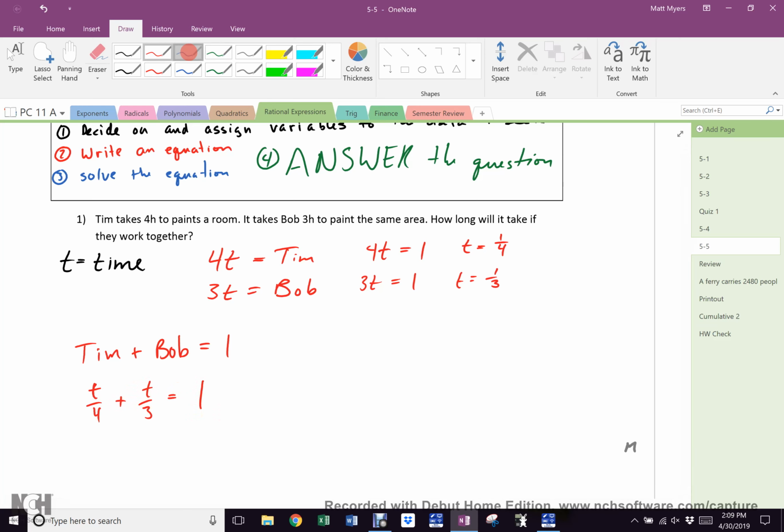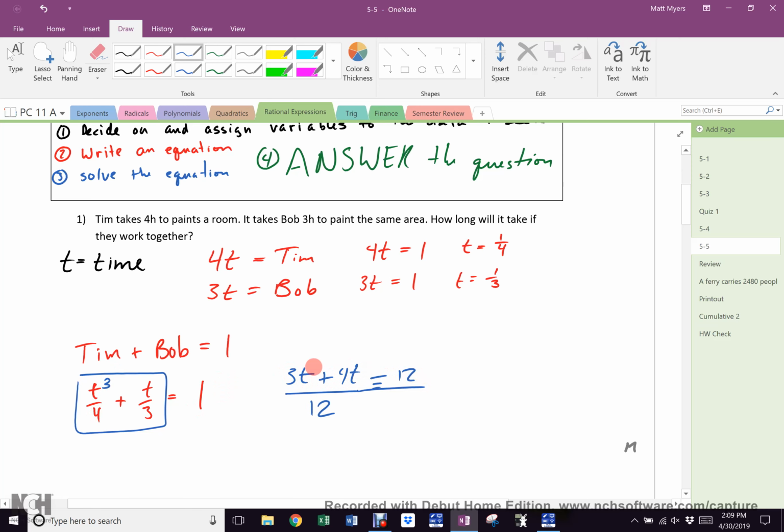I bet you can. What do we need to do before I can add those two values? Which is what? What does this guy need to do? 3. So it's 3T plus 4T equals, not 1, equals 12.